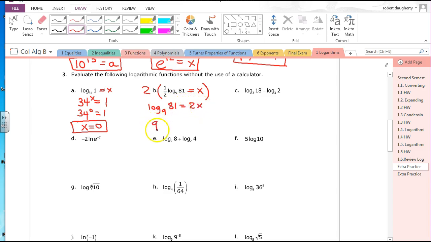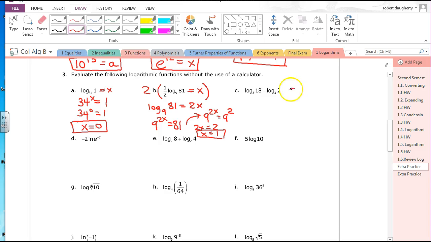That means that 9 to the 2x equals 81. And we know from last semester the way we solved this problem, 9 to the 2x equals 81 is the same as 9 squared. So this means that 2x has to equal 2, therefore x has to equal 1. And that is my answer, x equals 1 in this case.